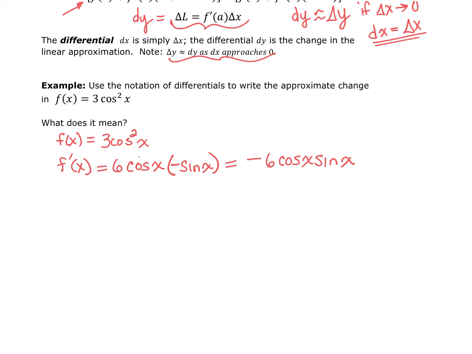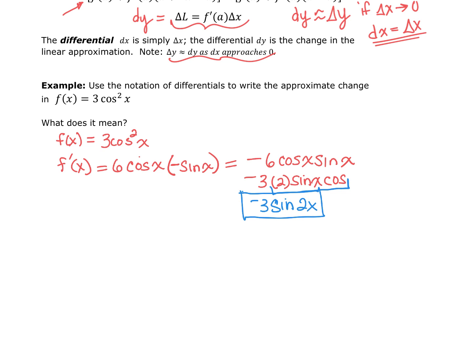Well, you might recognize, let's rewrite this. If I write it like this, you may or may not notice that 2 sine x cosine x is actually sine of 2x. So using a little trig substitution there. So that's a nice simplified form of our derivative.